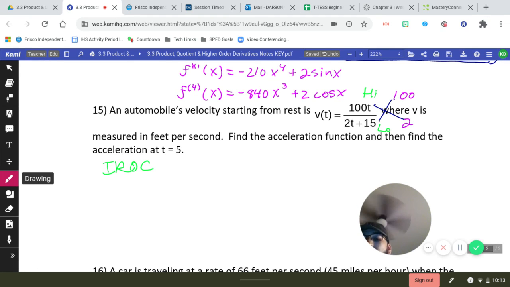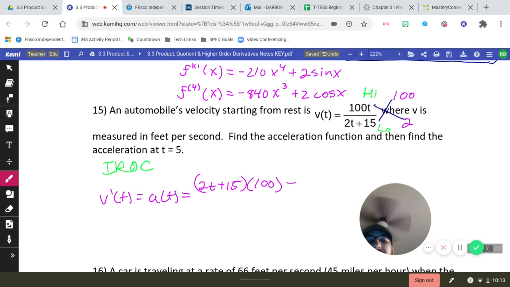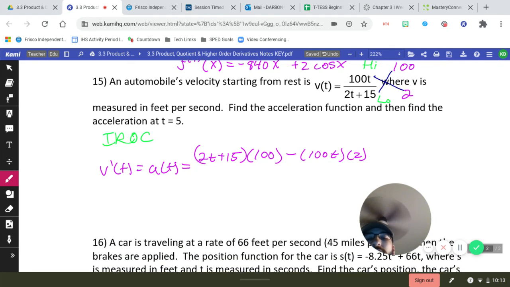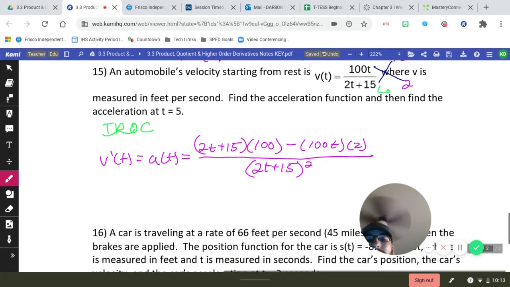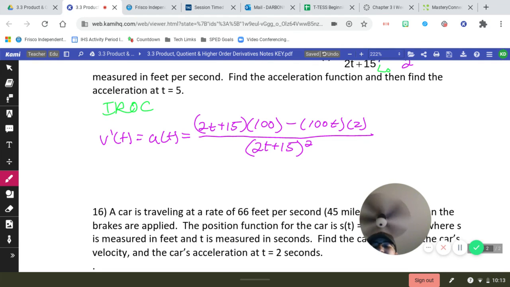So v prime of t, which is also a of t, is equal to low, so 2t plus 15 times 100 minus high, t, low, so 100t times 2, all over low squared, so 2t plus 15 squared. Okay, so that's my first piece. I found my acceleration equation.